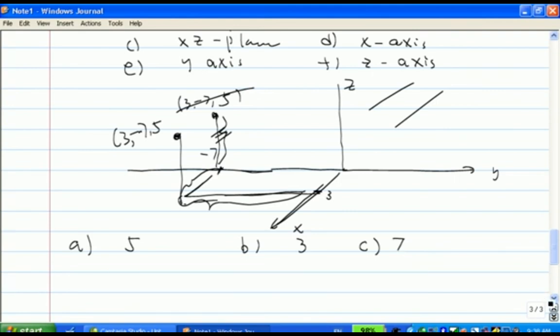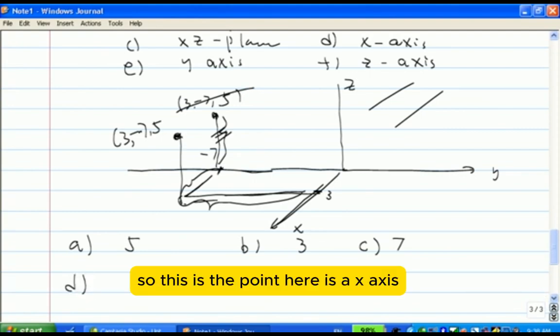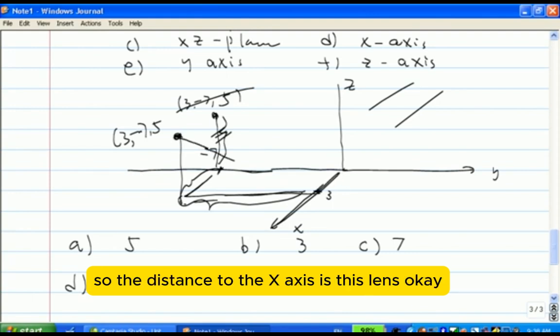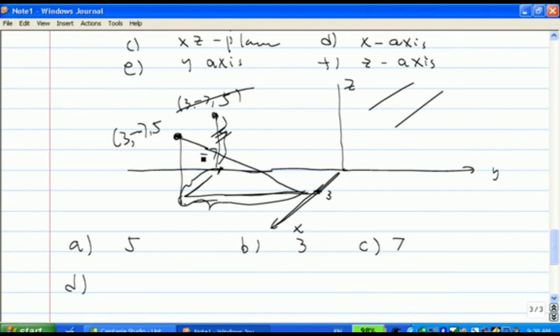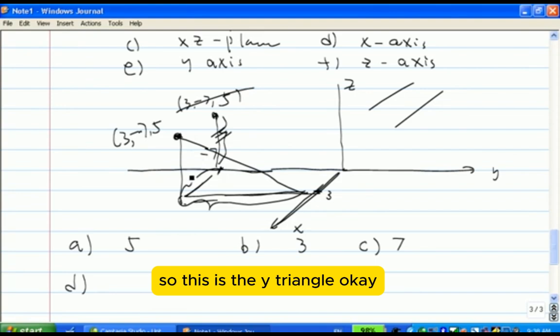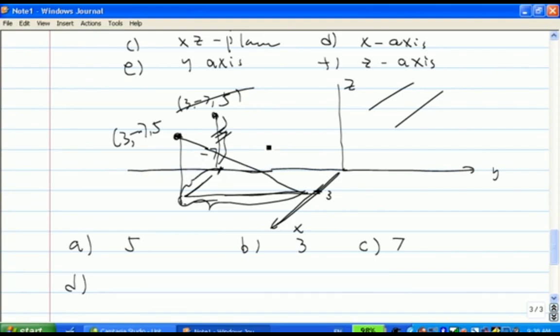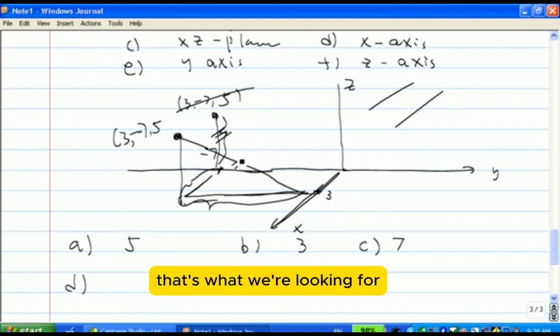Okay, D. The distance to the x-axis. So, this is the point. Here is the x-axis, so the distance to the x-axis is this length. So this is a right triangle, and that's what we're looking for: the length of this hypotenuse.